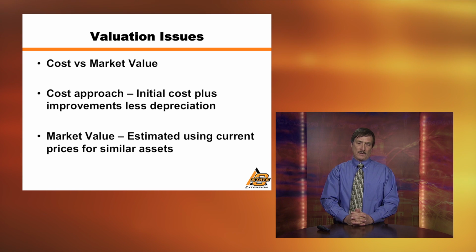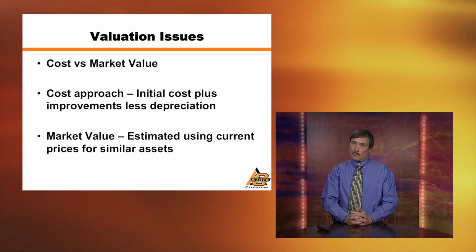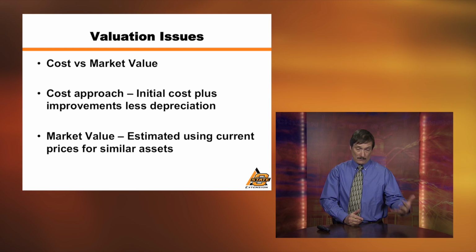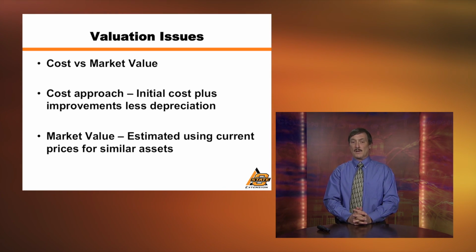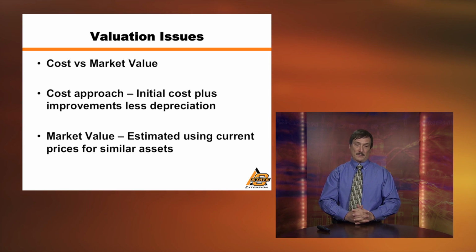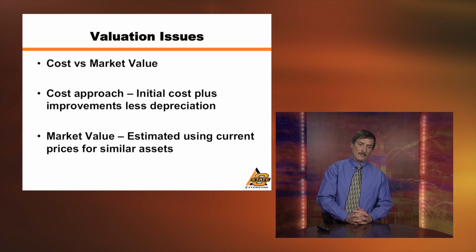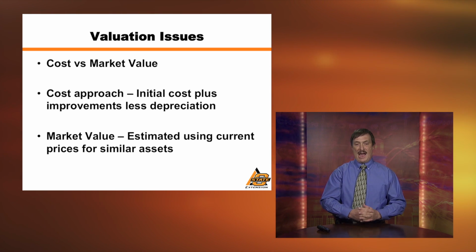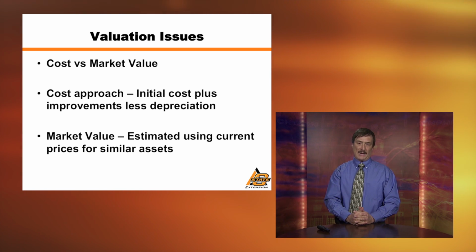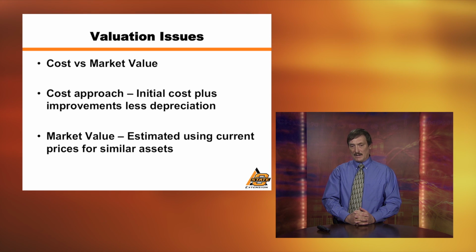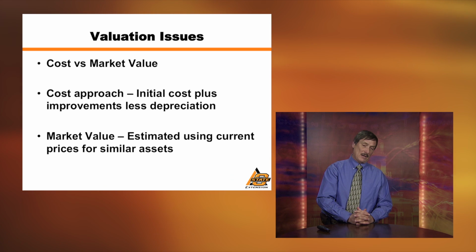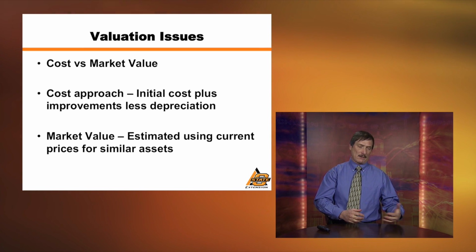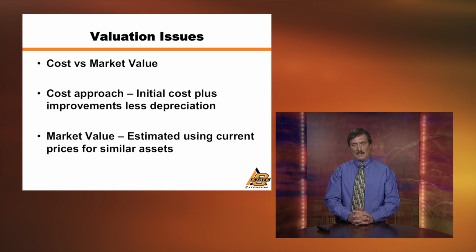That's the initial cost of the asset plus any improvements that we've put into that asset, like a new engine in a tractor, for example, long-term improvements, or a new building on a piece of ground, and then subtract off actual depreciation, actual loss in value of that asset, and we end up with the modified cost dollar value, and those are the numbers that we aggregate to put on the balance sheet in any category that we might be looking at.